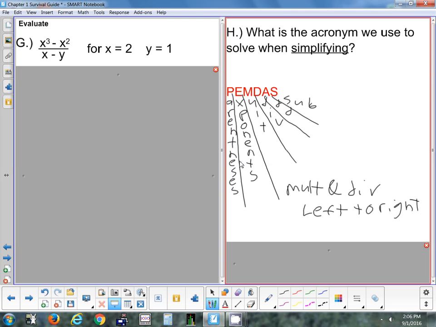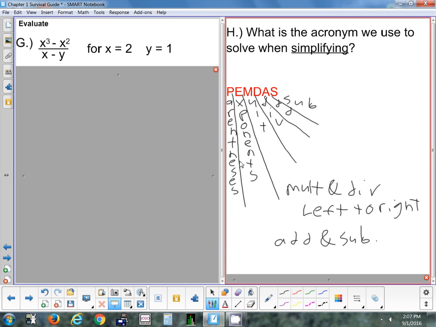So those two hold equal weight. Once you do your parentheses and exponents, whichever one shows up first, going left to right, you do that one first.